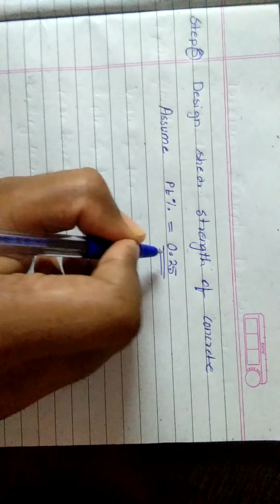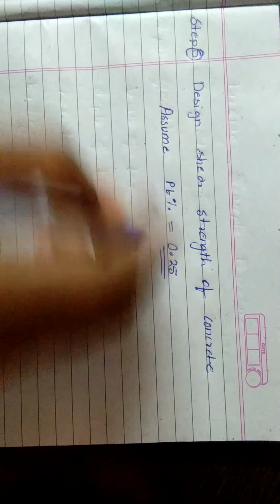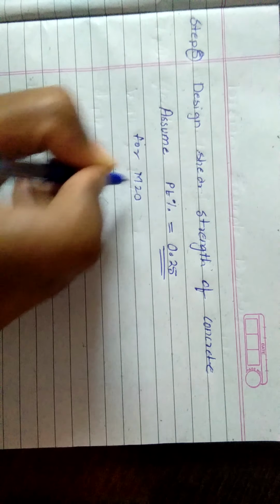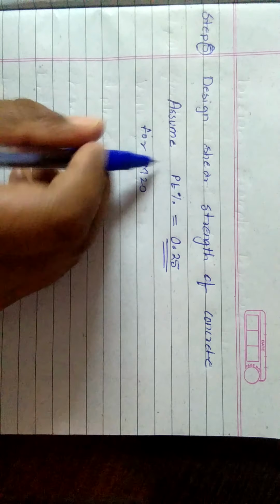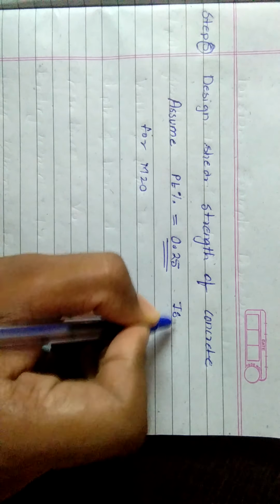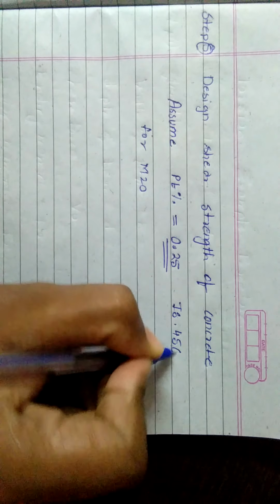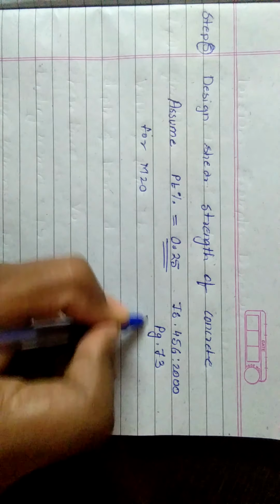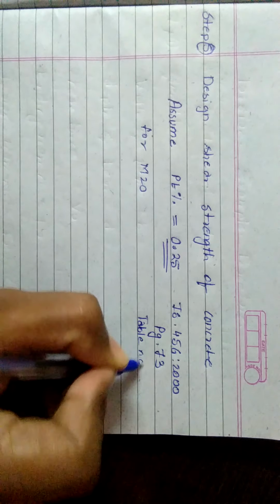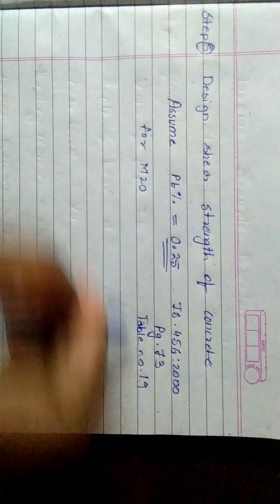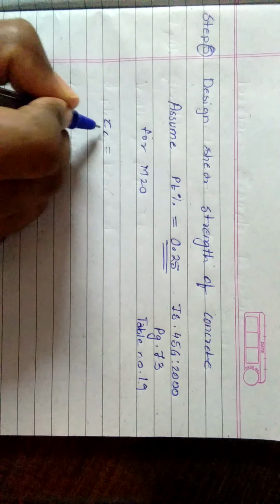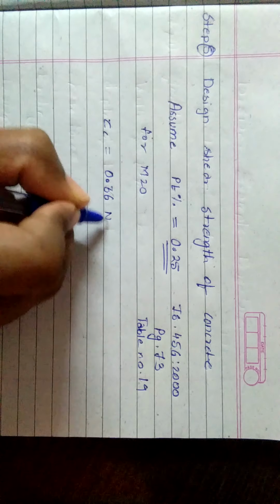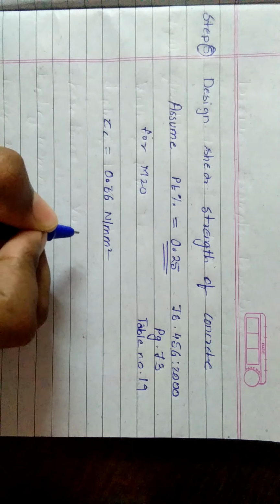In general, mostly that is 0.25. Now for M20, again open the IS 456 2000, page number 73, table number 19. Here you will get the value of tau c is equal to 0.36 Newton per mm square.